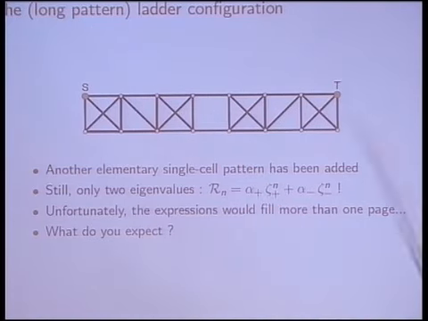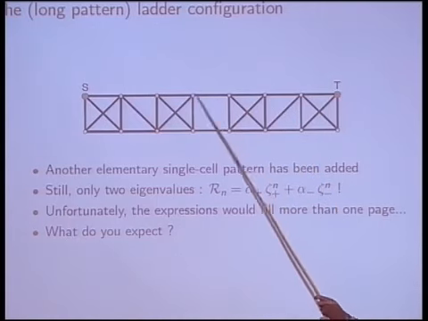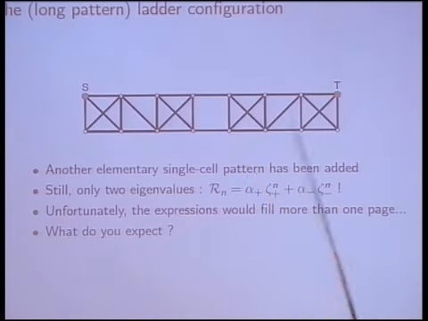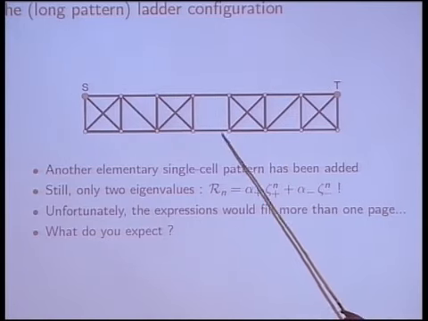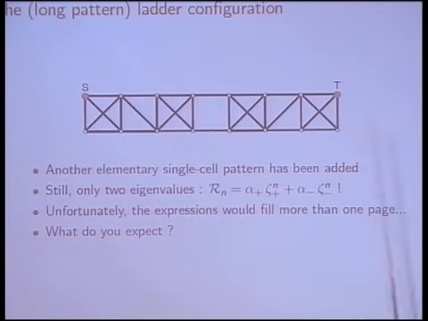If you add another K4 or another K4 minus e, it would be much more complex because it would be at least 3 eigenvalues. But the presence of only one C4 in the repetition pattern implies that you have only 2 eigenvalues.